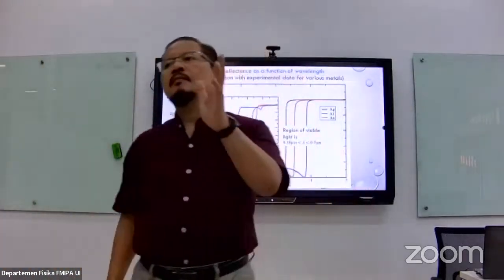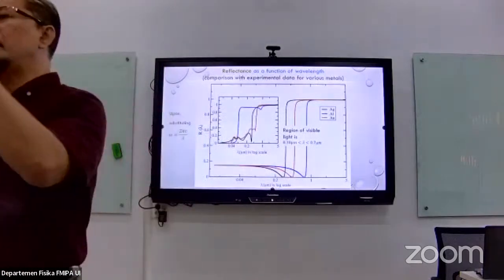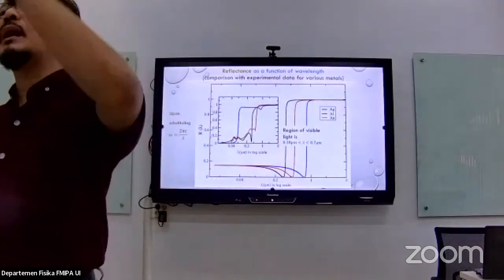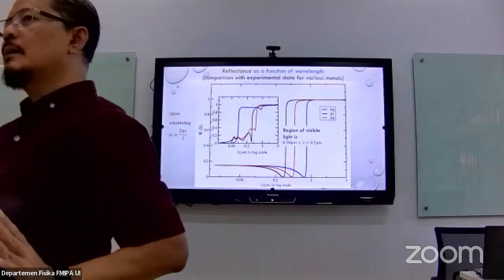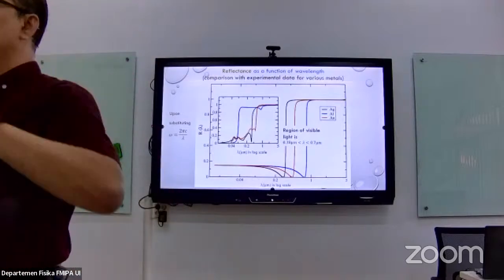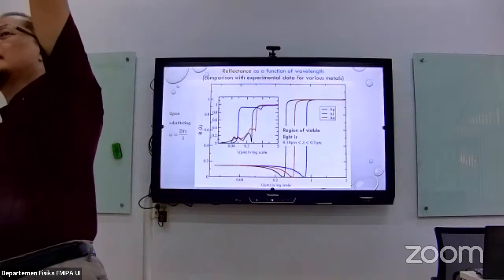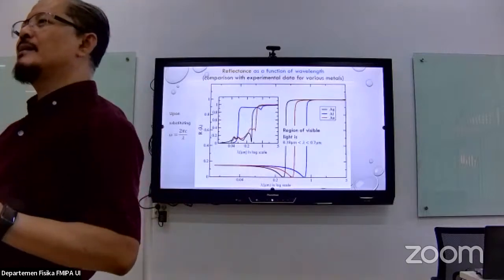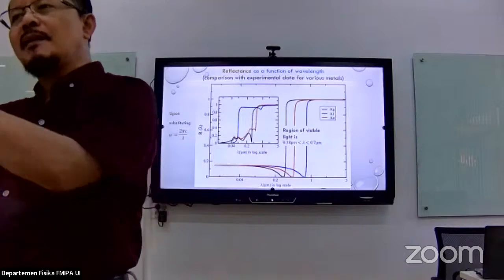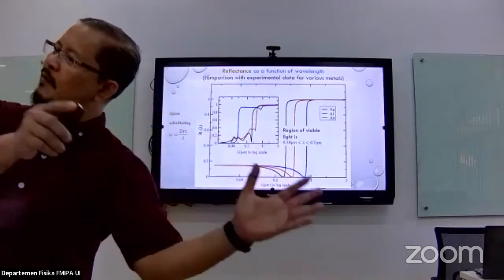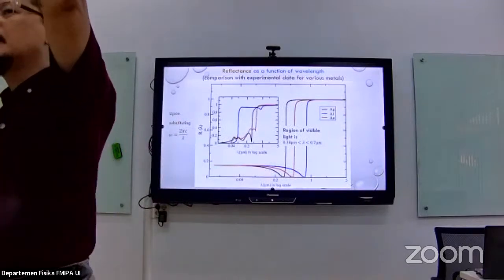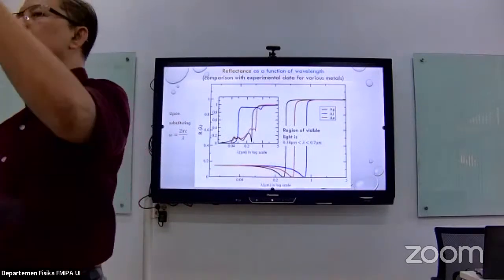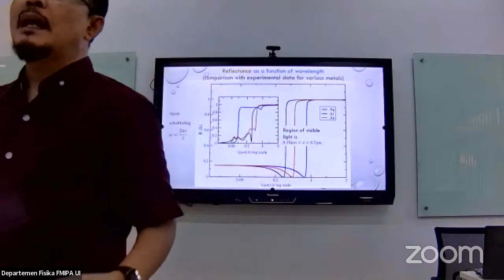So there may be some radio waves that can exceed the omega of the ionosphere, so that they can go to outer space. That is the difference.